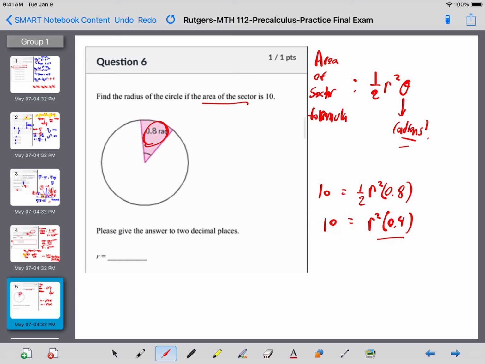And then you could divide by 0.4. 0.4 is just 4/10, right? So then 10 divided by 4/10 is like saying 10 times 10 over 4, which is 100 over 4.